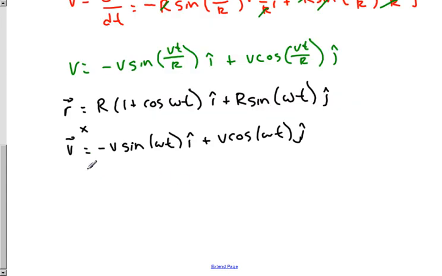Now I won't go through this proof with you right here because, to be honest, AP has not done a lot with actually doing cross products.